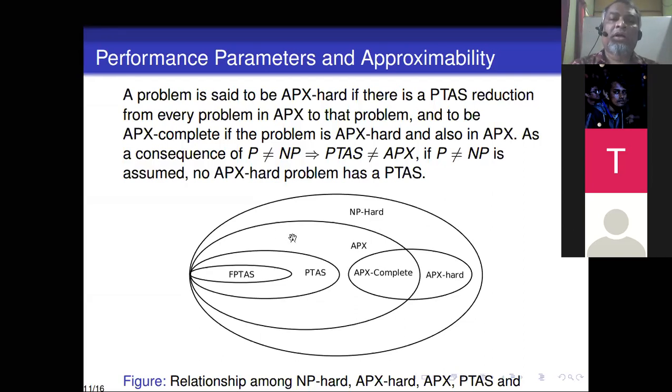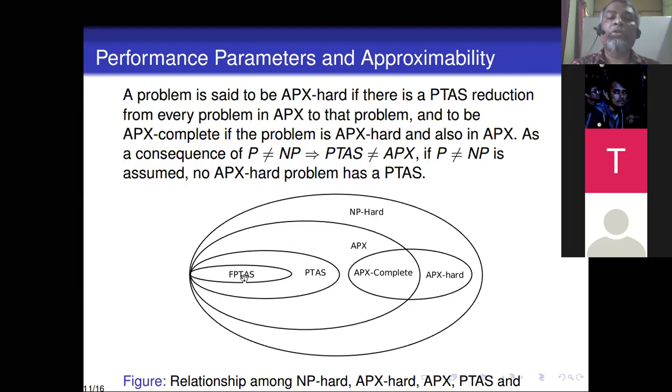Okay. So this is the class APX. Inside APX, this is the class PTAS. Here the running time is polynomial in n, but may be exponential in epsilon.